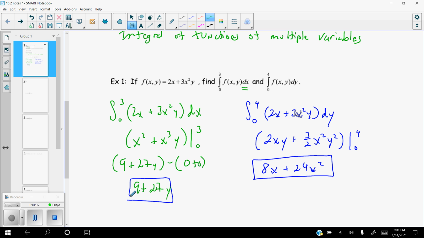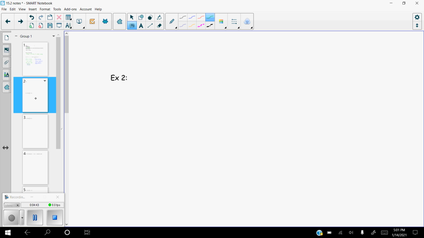What we're going to focus on is the double integral and how that works. So let's do example number 2, which for whatever reason I didn't type up. So let's just write in what this was supposed to be.